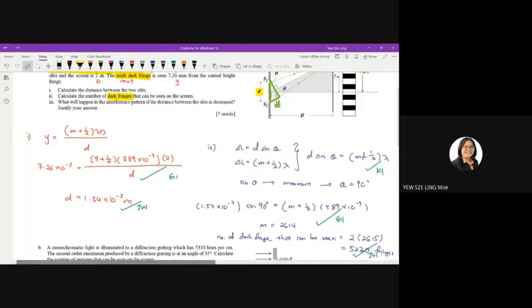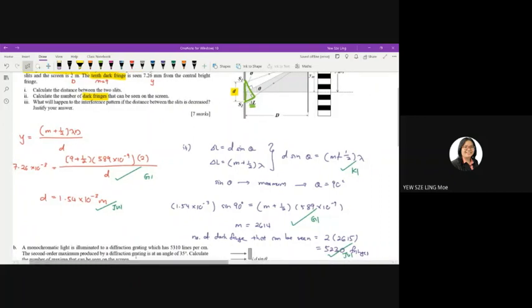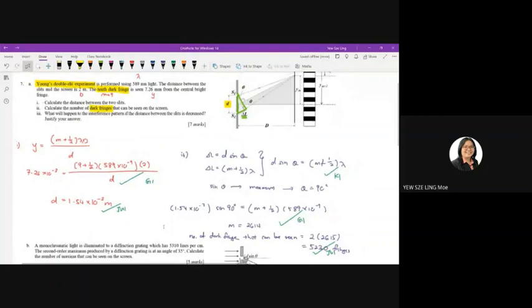So the first mark is given if you are able to form the equation. The second mark is given to the substitution. If you got all the substitutions correct, especially the angle, then yes, you got 1 mark. And then the last one, you calculate the number of fringes. The number of fringes that can be seen is 5230. The number of orders that can be seen is 2614. So remember, one order equals 2 fringes.